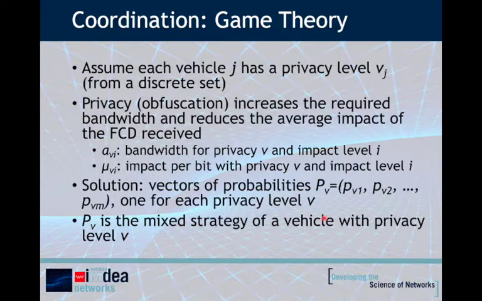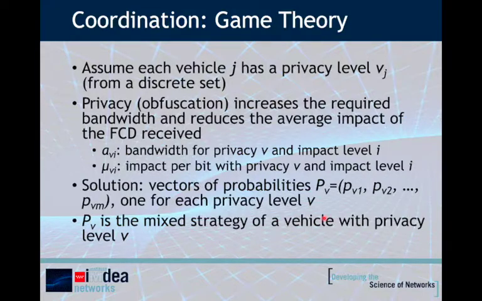Each vehicle J has a privacy level V sub J, which is chosen from a discrete set and essentially determines the size of the area that it provides to the server.